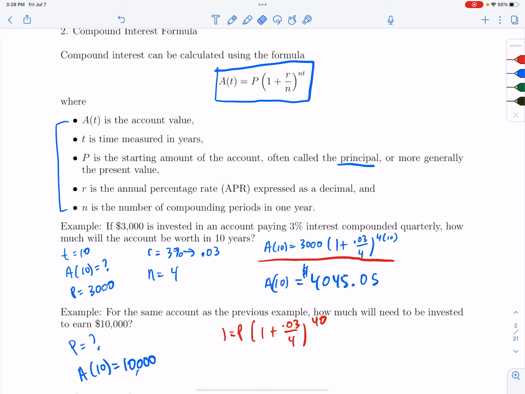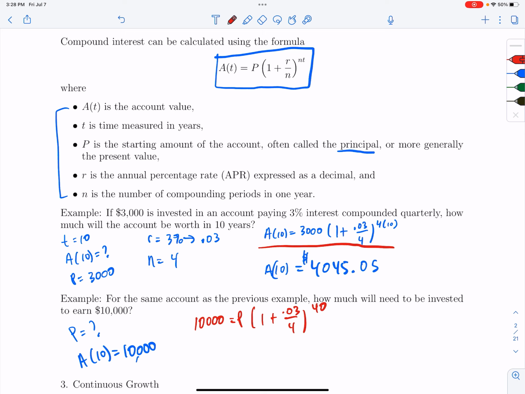And instead of A of 10, we'll just put in that future value, which is $10,000. I'm going to calculate the part that's in the parentheses and then raise that to the 40th. So we get 10,000 is equal to P times 1.34835, let's say.